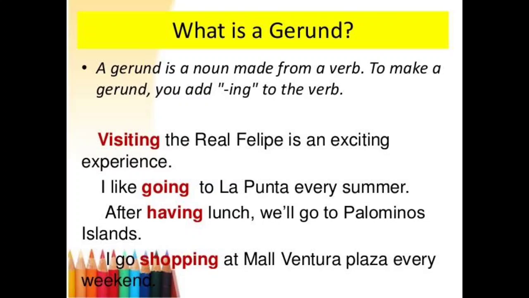Visiting the real Philip is an exciting experience. I like going to La Punta every summer. The third one, after having lunch, we'll go to Palominos Island. The fourth one is, I go shopping at Mall Ventura Plaza every weekend.